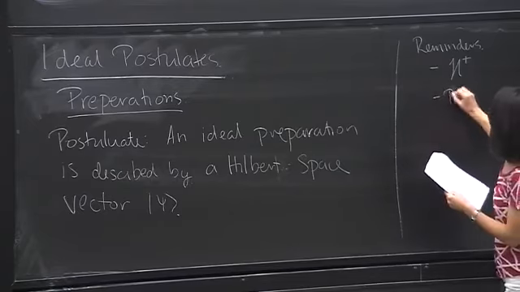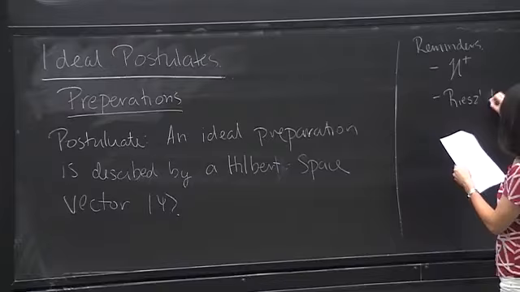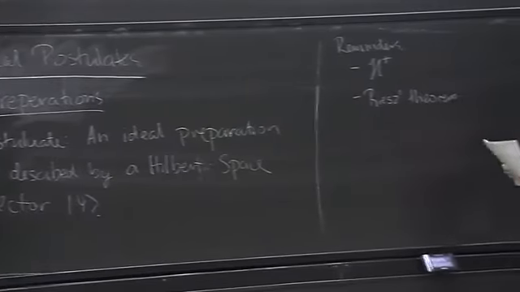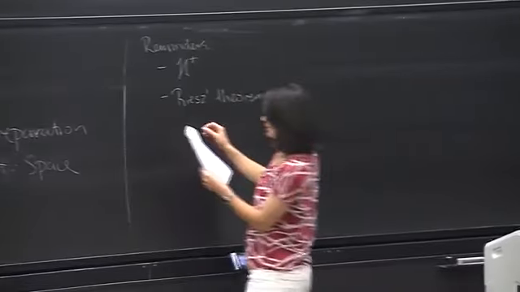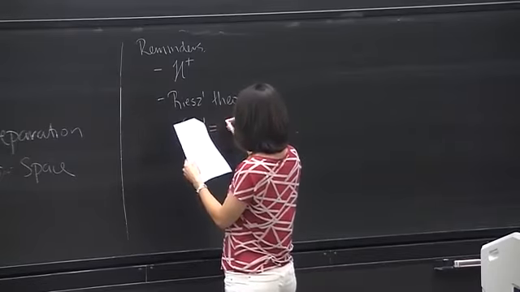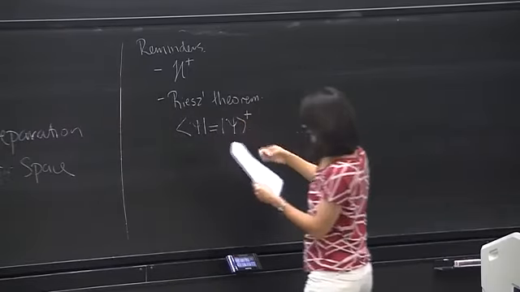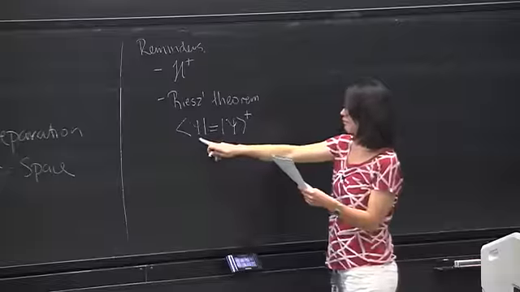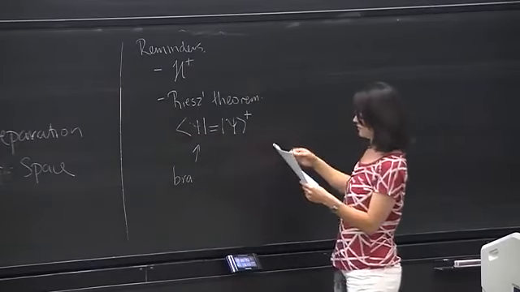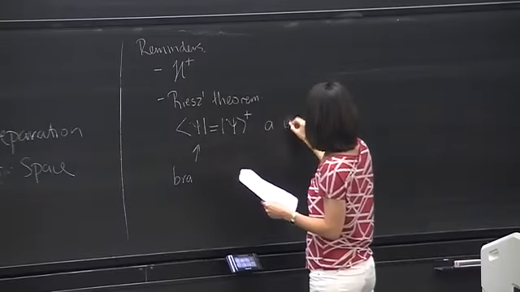And due to Riesz's theorem, in Dirac notation, we have this nice correspondence between the dual space and the Hilbert space. So in Dirac notation, this bra refers to a unique element of the dual space.